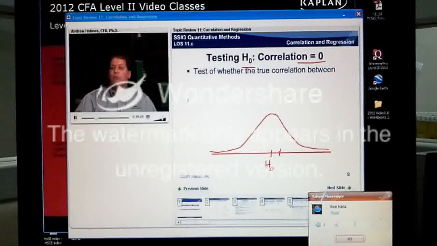But if we go back and we find that our observation, the correlation that we have calculated, is actually way up here, something like, let's call it 3 standard deviations or 3 standard errors away from this hypothesized value, then we're going to say, there's only a little bit of space out here in the tails. These are tails of a normal distribution, so remember they go on forever.